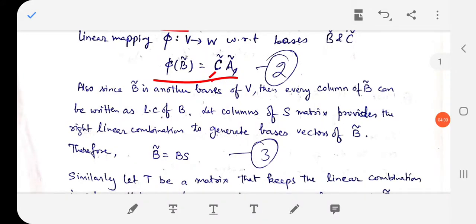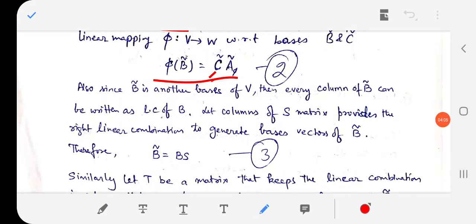Again, you can see that every vector of B tilde is also a basis of the same vector space, so it should be able to be written as the linear combination of basis B vectors, right?